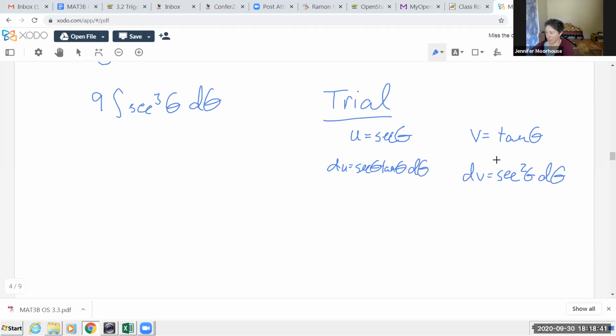And then uv is secant tangent minus the integral of v du. I'm not sure if this is going to help.